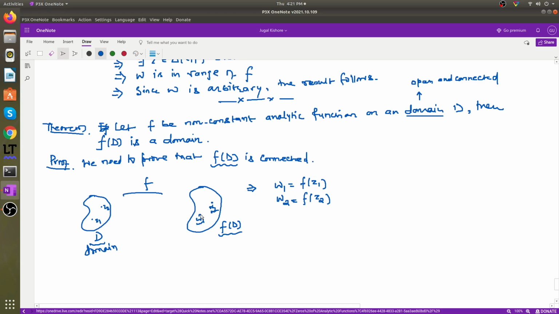All these curves connecting W1 and W2 are smooth and connected, so we can connect W1 and W2 with a finite number of curves. Therefore we can say that f(D) is connected.